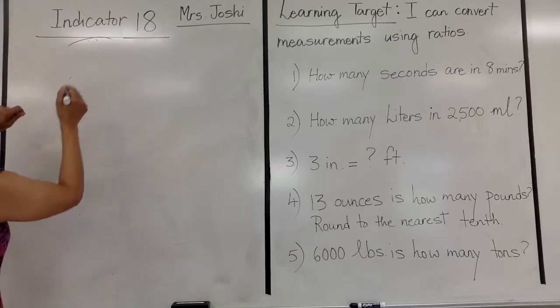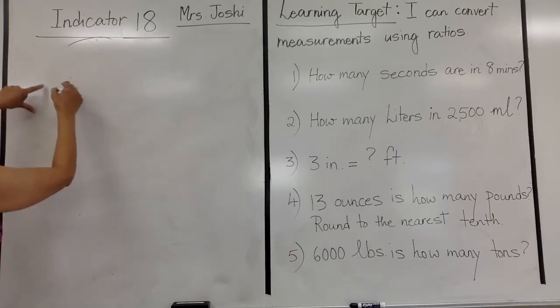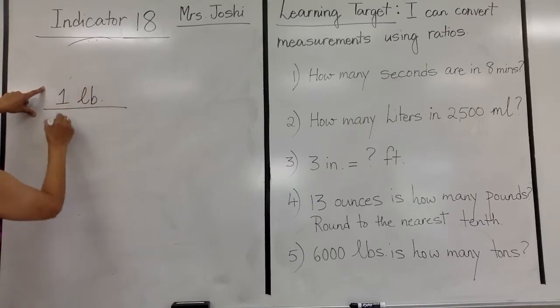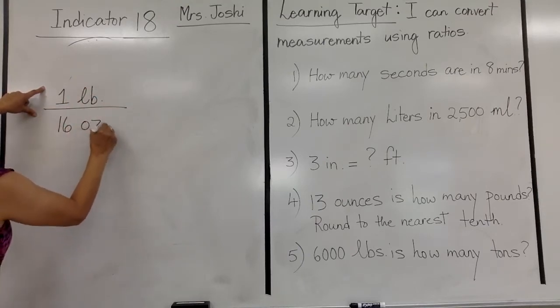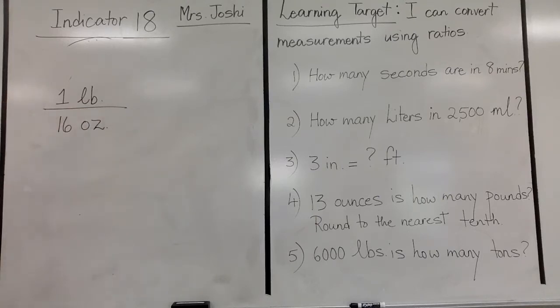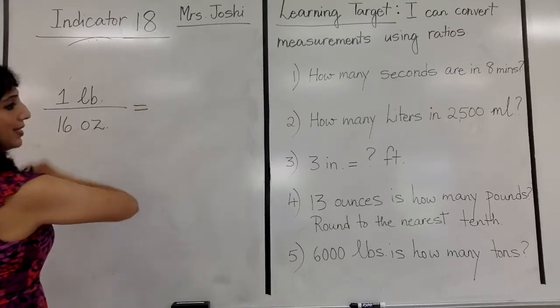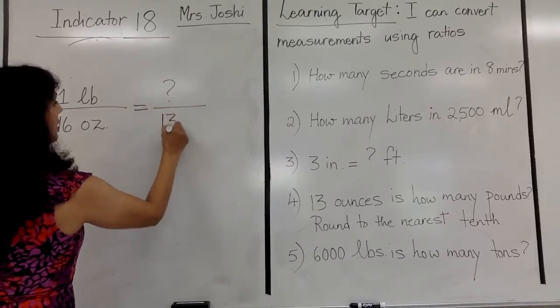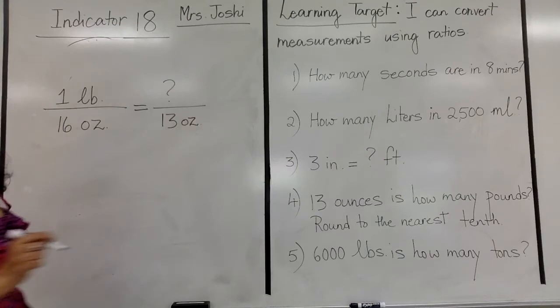Okay? So this is what I can do. I know that 1 pound is 16 ounces. All right? So therefore, it's asking how many pounds is in 13 ounces. Basically, this is what it's asking.